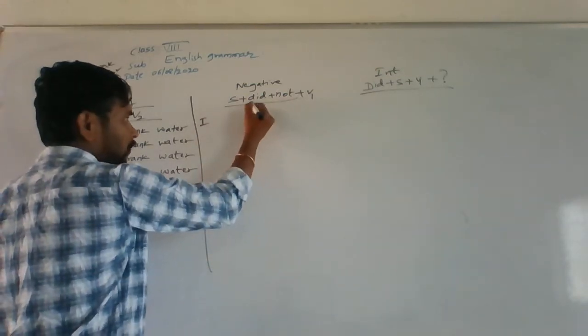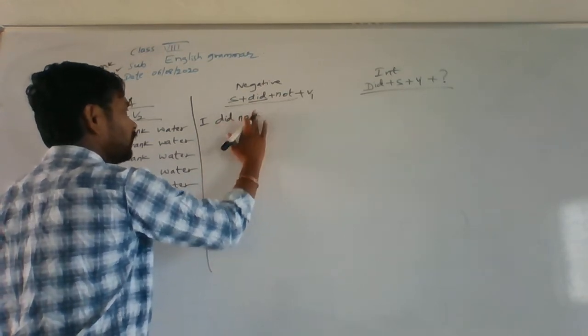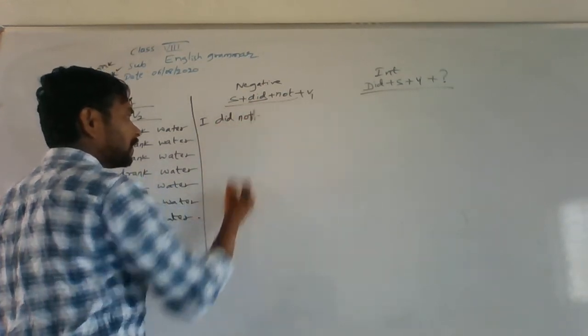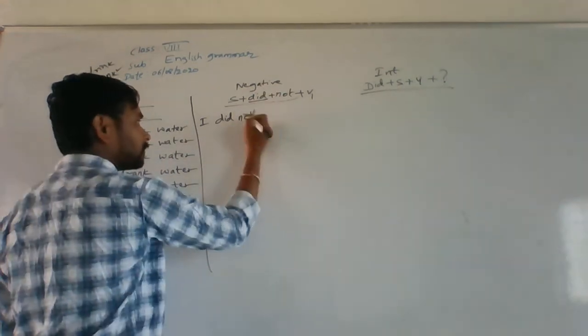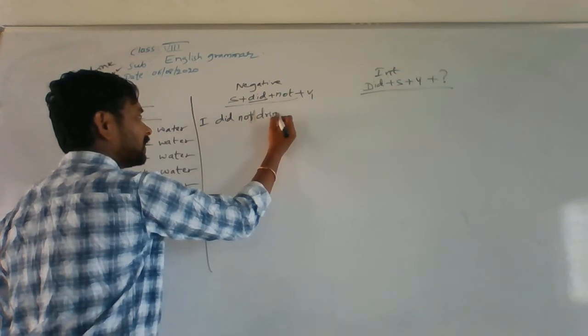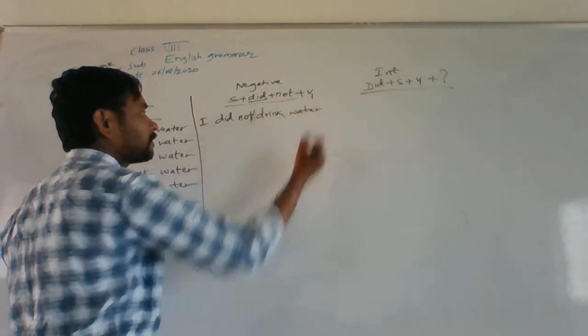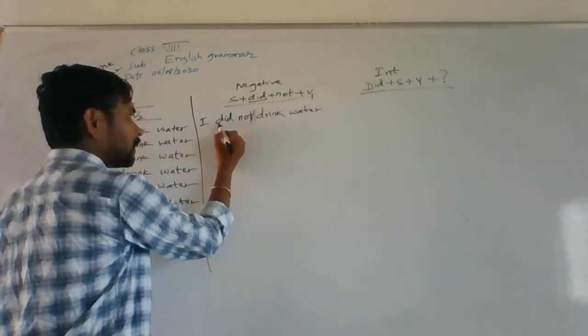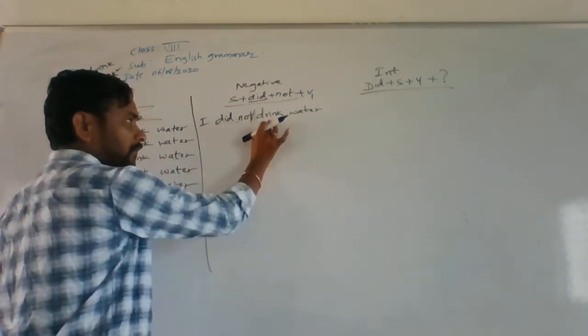Let us see how to make a negative. What is the helping verb over here? Did, then not. So V1. Drank changes to drink here. Drank changes to what here? Drink. Because we use the helping verb did, that's the reason we have to take V1.